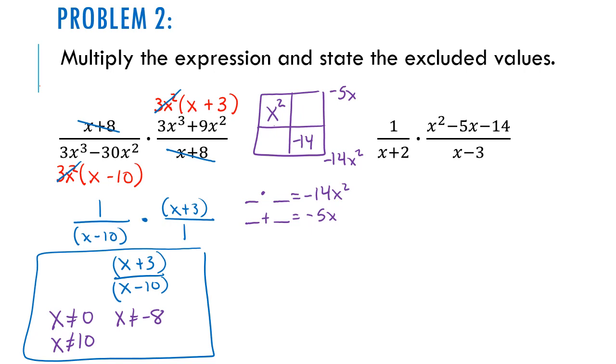I want to say it is negative 7x times 2. Yeah, that works. And so this would be x times x, and then x times 2 would get me 2x. X times negative 7 would get me negative 7x. And so now I'm just going to rewrite the problem, but now it's factored.